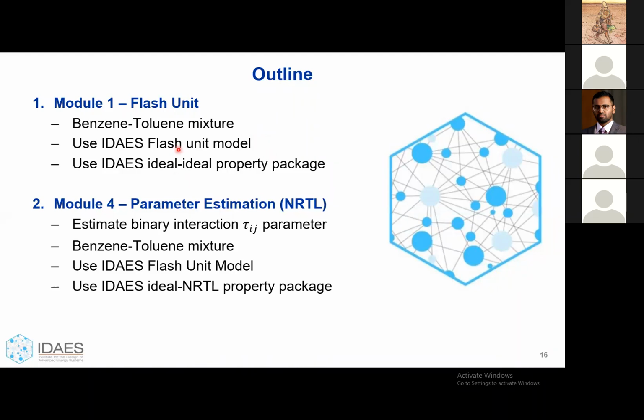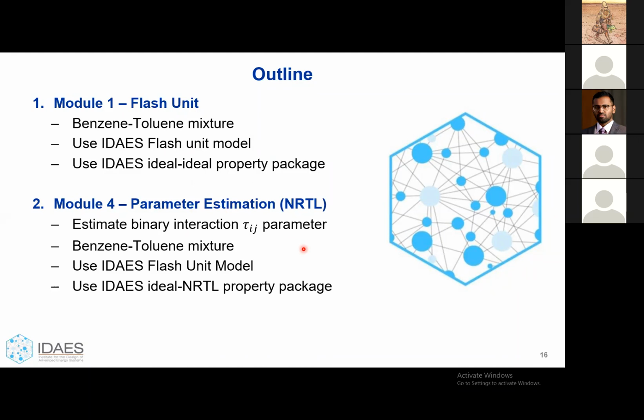Now, this leads nicely into module 4, which we wanted to demo this year at the stakeholder workshop, which was canceled. A lot of interest was there in parameter estimation.